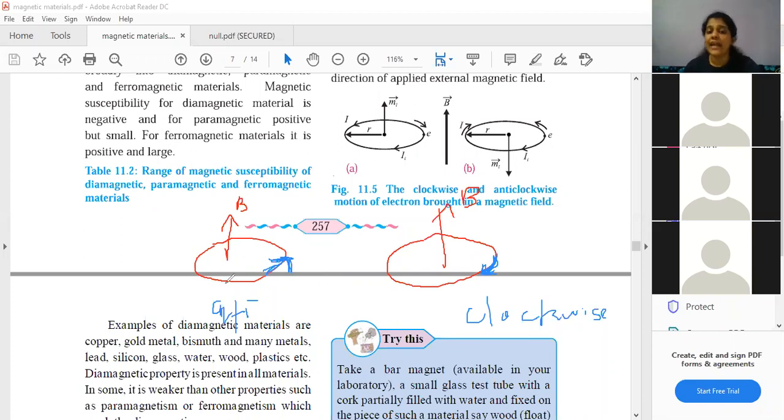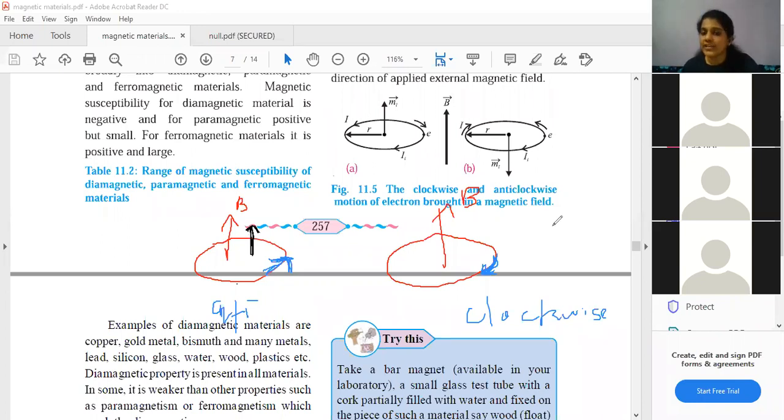So students, in the anti-clockwise scenario, the magnetic field of the induced current is in opposite direction. No, sorry. It is along the same direction as that of the external magnetic field. The black line indicates the magnetic field of the induced current in anti-clockwise direction.